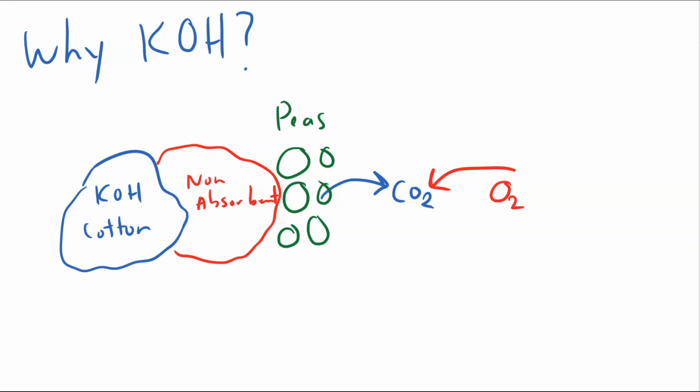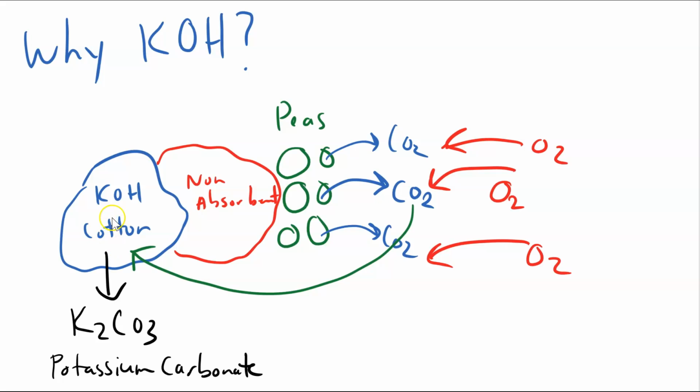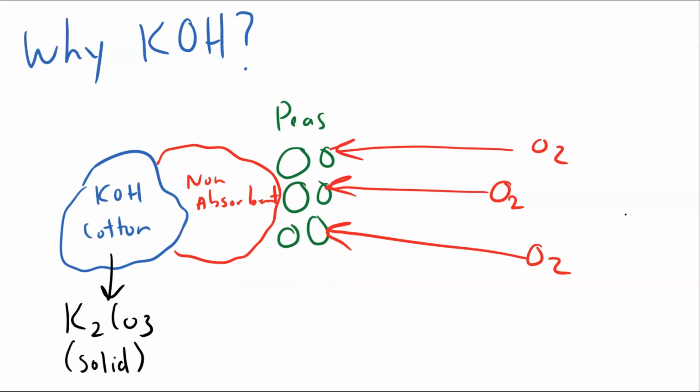So if we're creating equal pressures of gases coming in and gases going out, you're not going to see that bubble advance. So what we've done is we put potassium hydroxide on the cotton ball, and potassium hydroxide can take gaseous carbon dioxide and precipitate it into potassium carbonate. So really what we're doing by adding potassium hydroxide is removing CO2 as a gas from the equation so that oxygen can rush in, and so that the air bubble can proceed as a measurement for oxygen consumption.